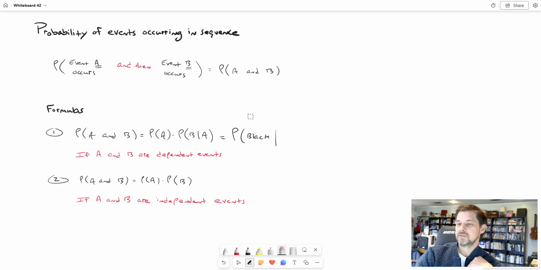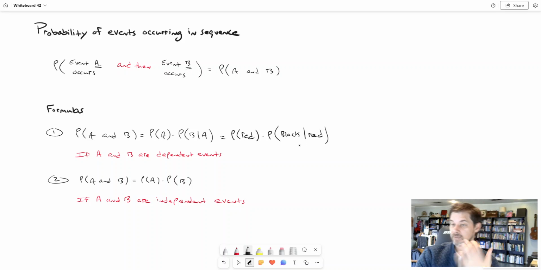Oh whoops, sorry, I've got to write out the whole formula. The probability of selecting a black and a red is going to be the probability of selecting red times the probability of selecting black given that you've already selected the red. That's how we would write the formula.